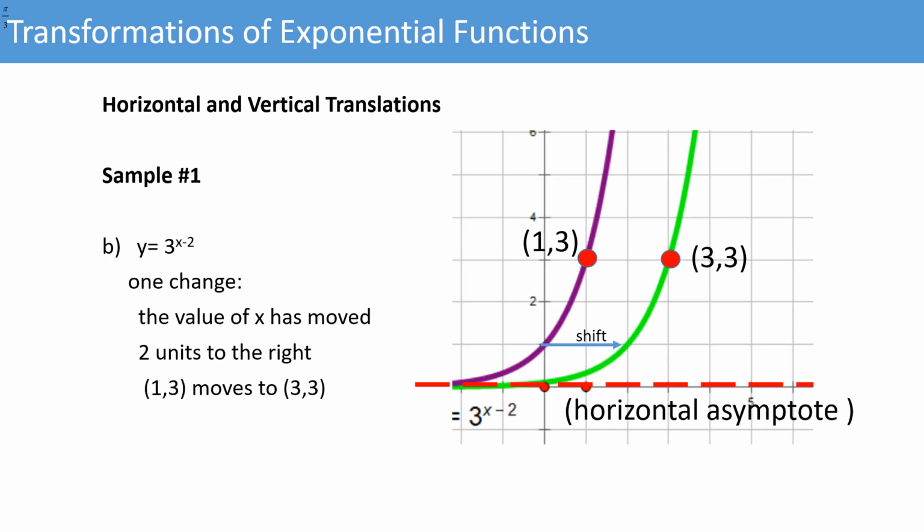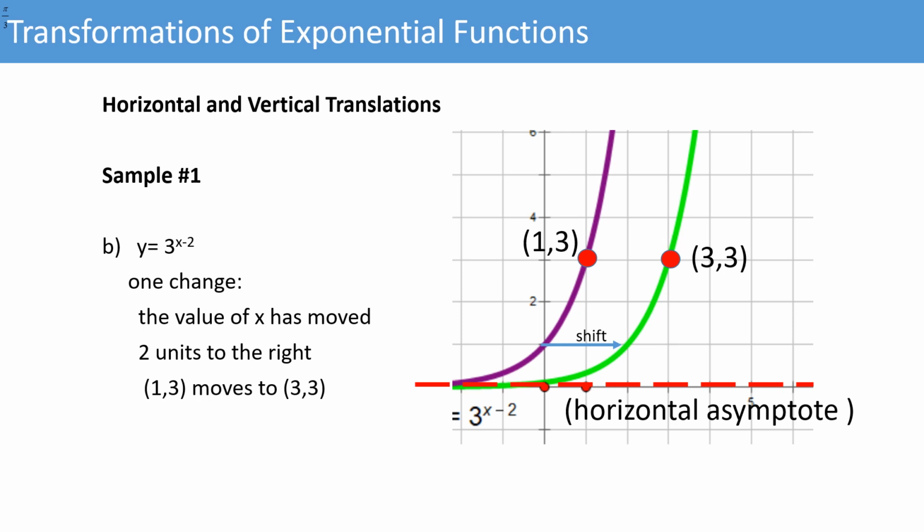Now here is sample number 2. y = 3^(x − 2). Again, we have the purple graph representing the original, y = 3^x, and the green represents the shift or the change. And what's happened here is that the value of x has moved 2 units to the right.